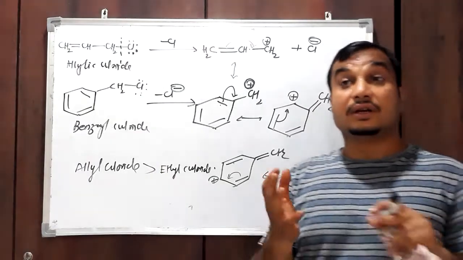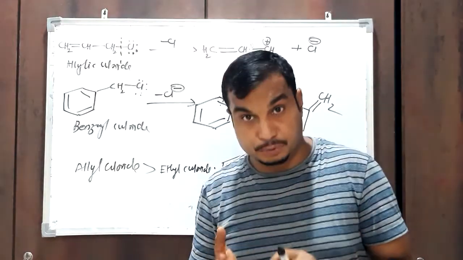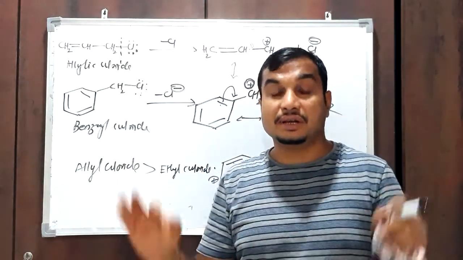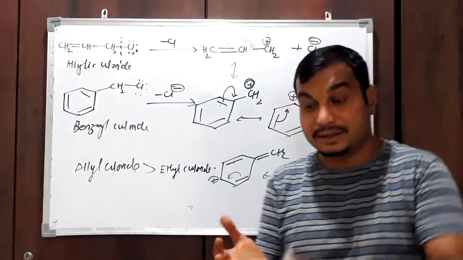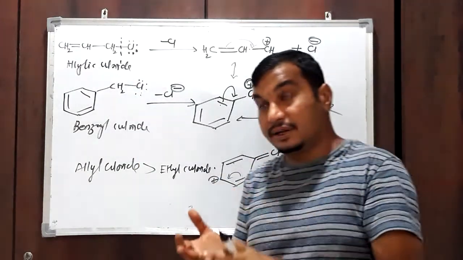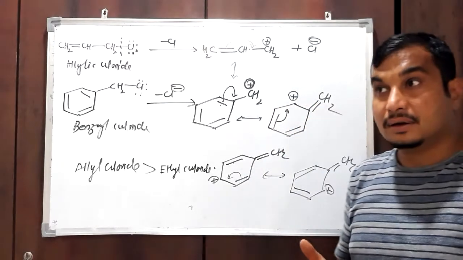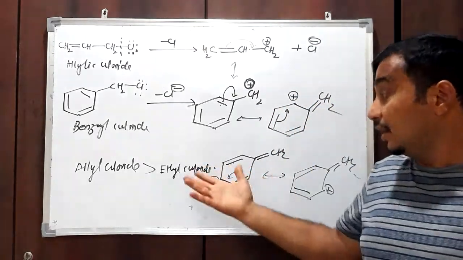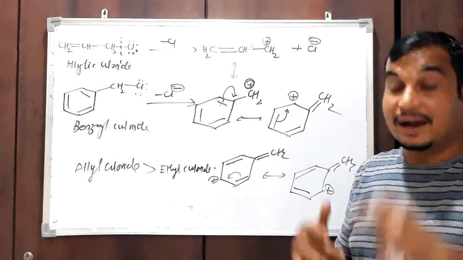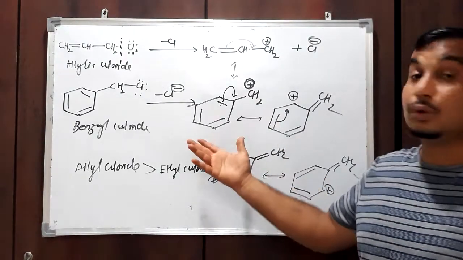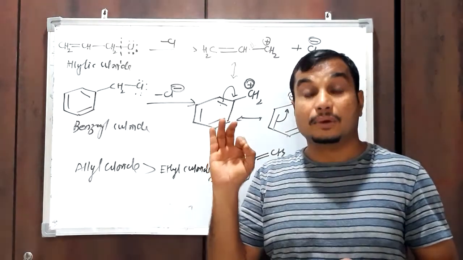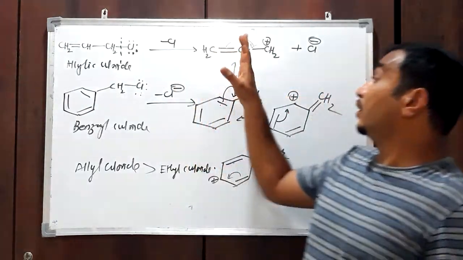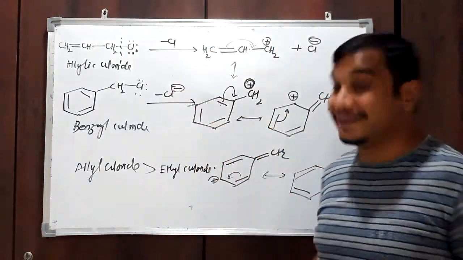It means in nucleophilic substitution reaction, benzyl chloride has higher reactivity than allyl chloride, then ethyl chloride, then vinyl chloride, and then chlorobenzene. Chlorobenzene has the lowest reactivity for nucleophilic substitution reaction.